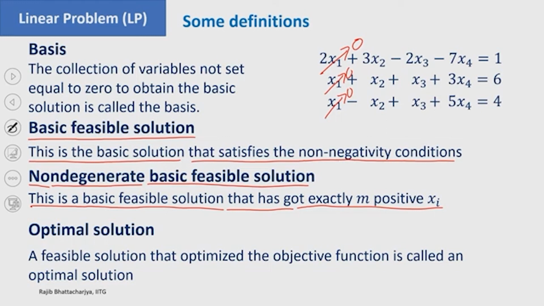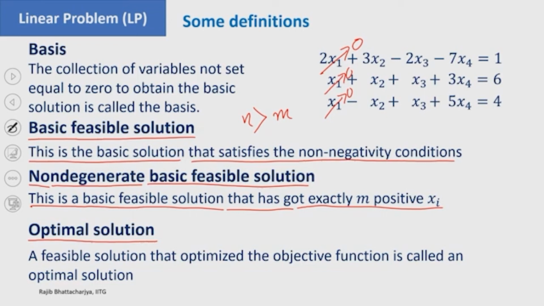And finally, what is an optimal solution? A feasible solution that optimizes the objective function is called an optimal solution. Okay. So, a feasible solution, because as I said, when the number of variables n is greater than the number of equations, we may have innumerable solutions.